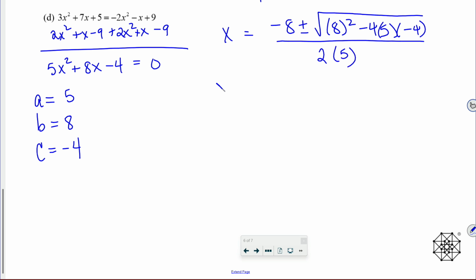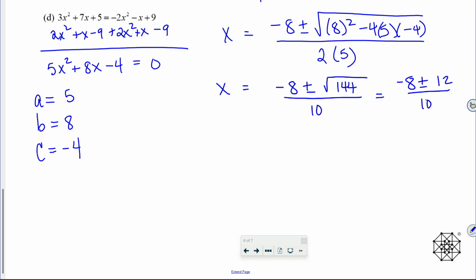Very rare that I get an a value that large. Everything's looking good though. That's going to be negative 8 plus or minus the square root of 144, all divided by 10. 144 is a nice perfect square. I can actually take its square root in a nice way. That's equal to 12. So I know my two answers are now going to be rational numbers.